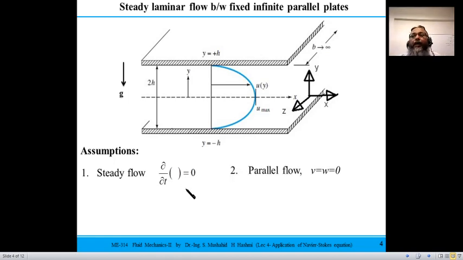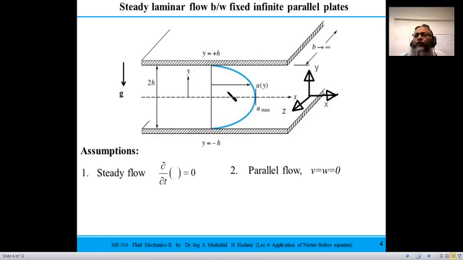The second assumption we have taken is that the fluid flowing between the two plates flows in such a manner that the streamlines, which we will talk about later, are parallel to the plate. It means there is no component of velocity in the y direction.